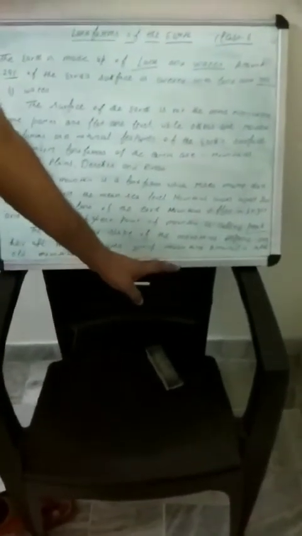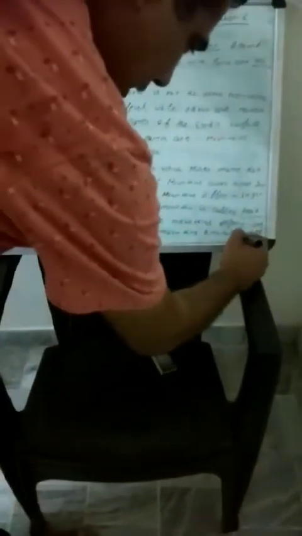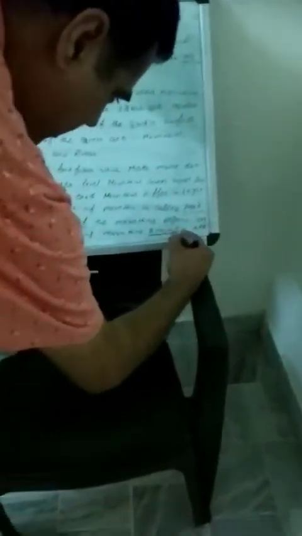So the Himalayas are young mountains, and the Aravallis in Rajasthan are old mountains. So the height and shape of the mountains depend on their age.